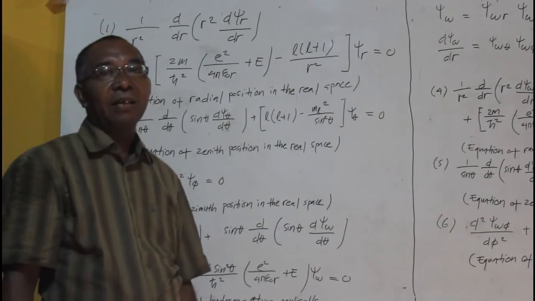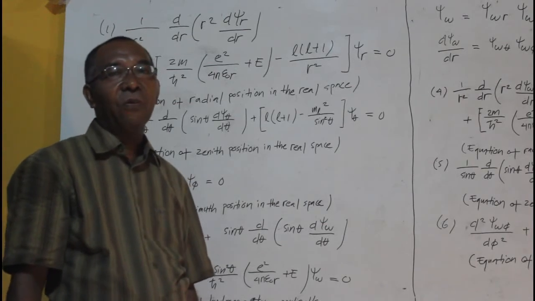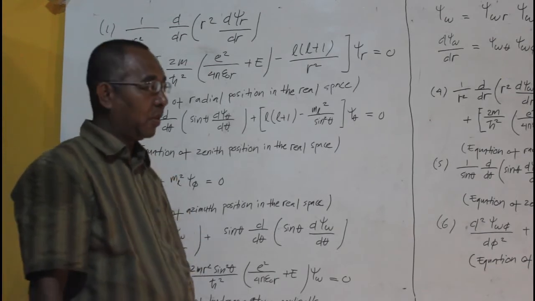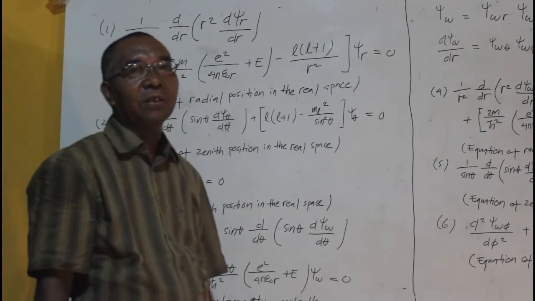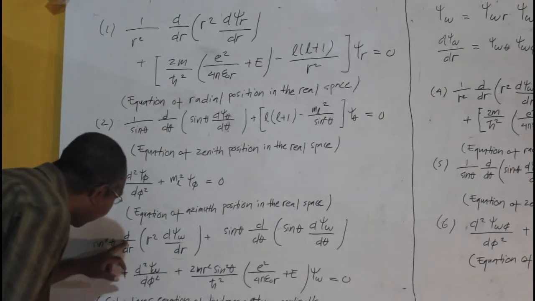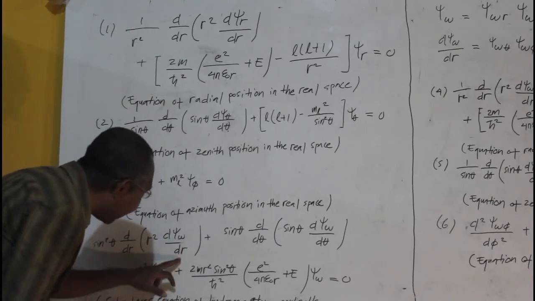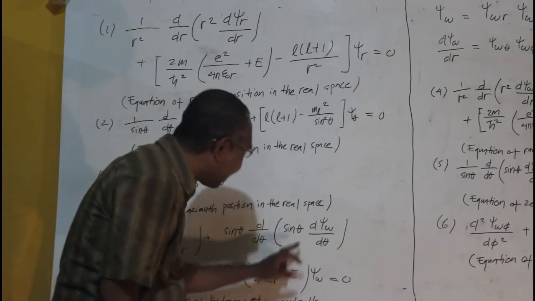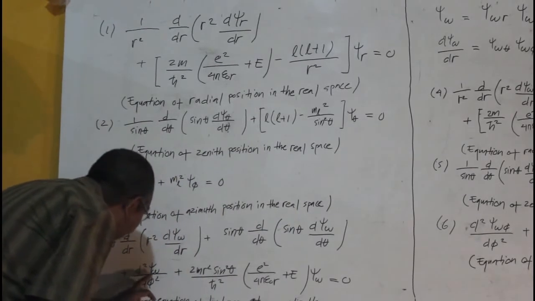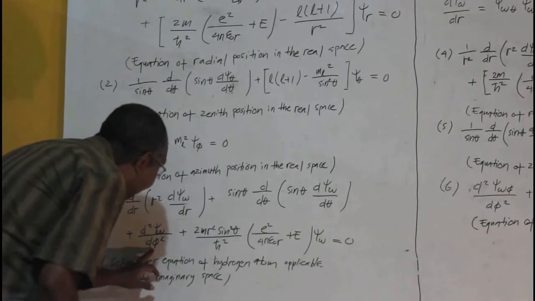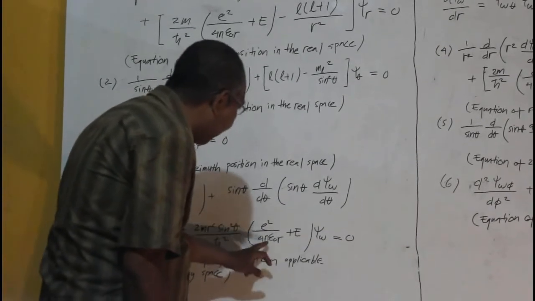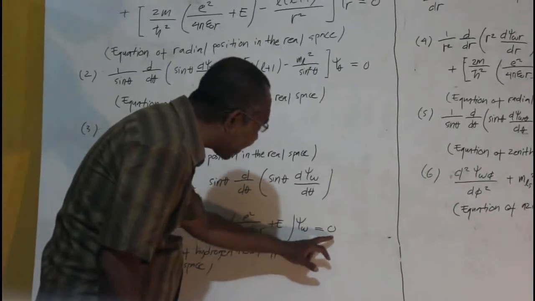Because the Schrödinger equation in the real space and the imaginary space take the same form, because the factor distinguishing the differential of psi and psi omega is just the imaginary quantity of i, the Schrödinger equation of hydrogen atom applicable in the imaginary space could be written as sine squared theta times d over dr of r squared d psi omega over dr plus sine theta times d over d theta of sine theta d psi omega over d theta plus d squared psi omega over d phi squared plus 2m r squared sine squared theta over h bar squared times e squared over 4 pi epsilon r plus E times psi omega equals 0.